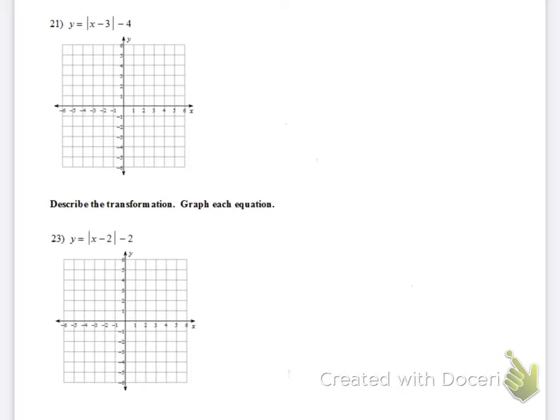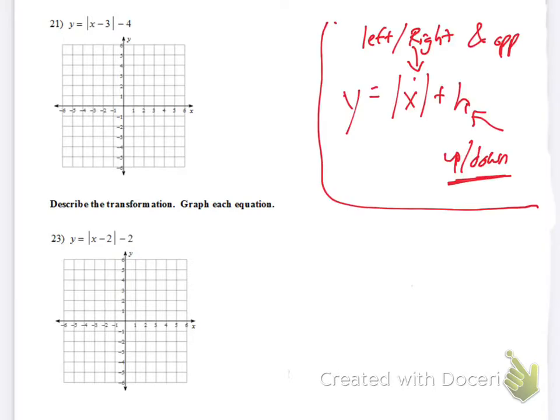21, let's take a look. One second. I just put the same notes in here. It's telling me what's on the inside, I have to do the opposite of it. So then I'm going to do plus 3, meaning going to the right 3.